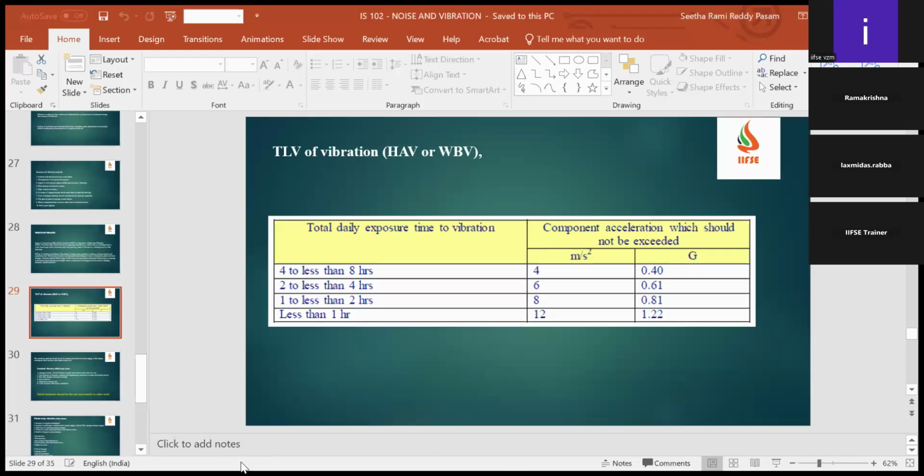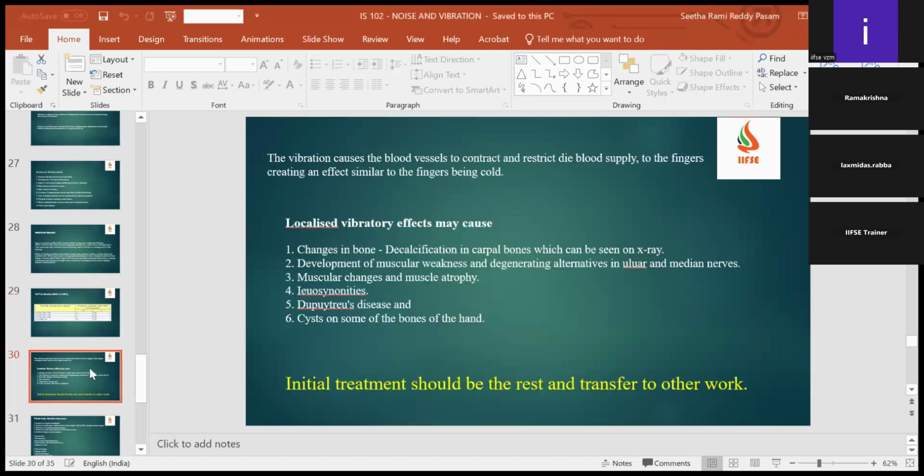Obviously, velocity and acceleration. So what does vibration cause?